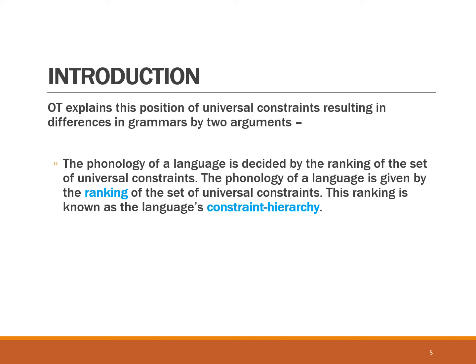Examples of parameters are the side of the head of a syntactic constituent, left or right in syntactic phrases, or obligatoriness of an onset in the syllable, yes or no. Whether a constituent is a head or a non-head, absence or presence, and whether a particular syllable has an onset or not, yes or no. These are the parametric variations.